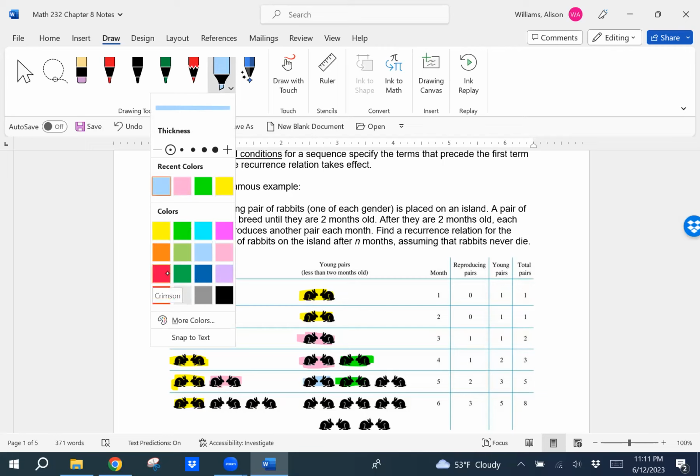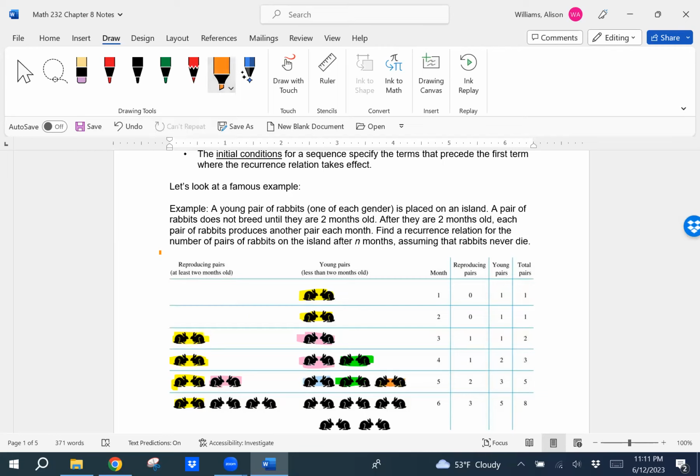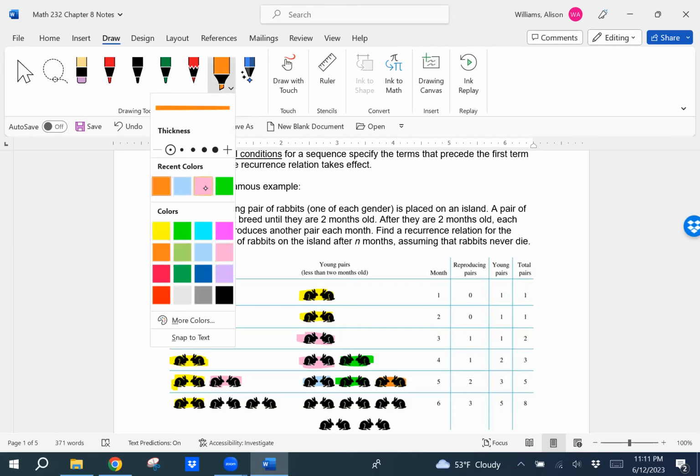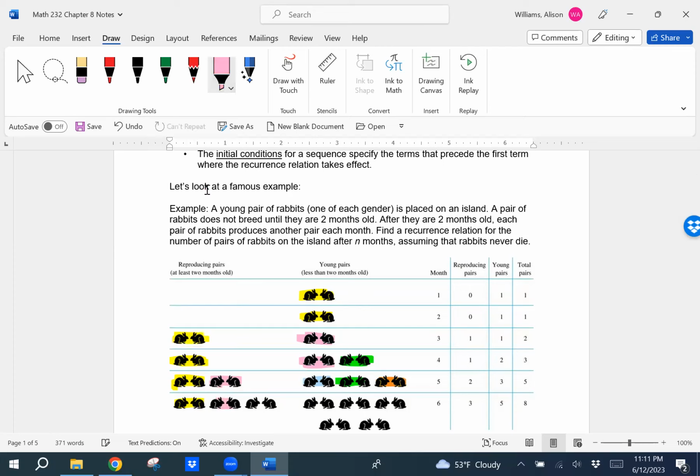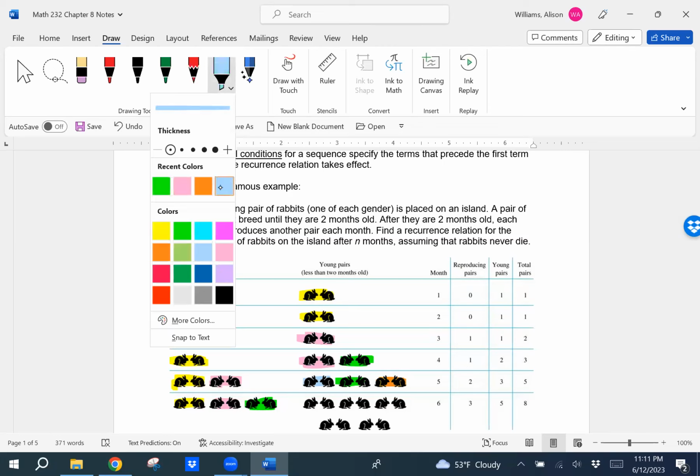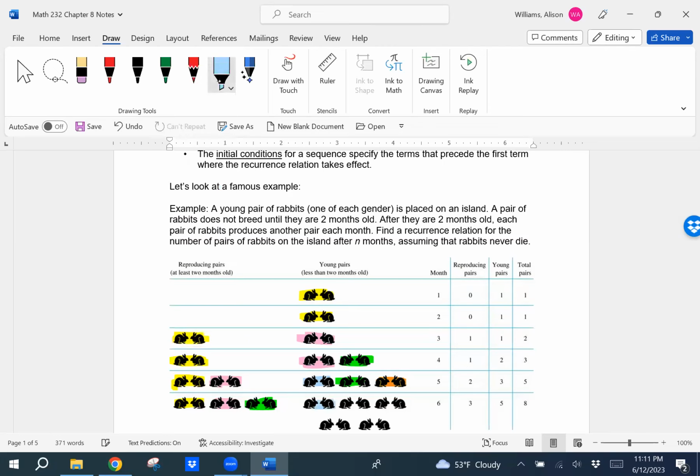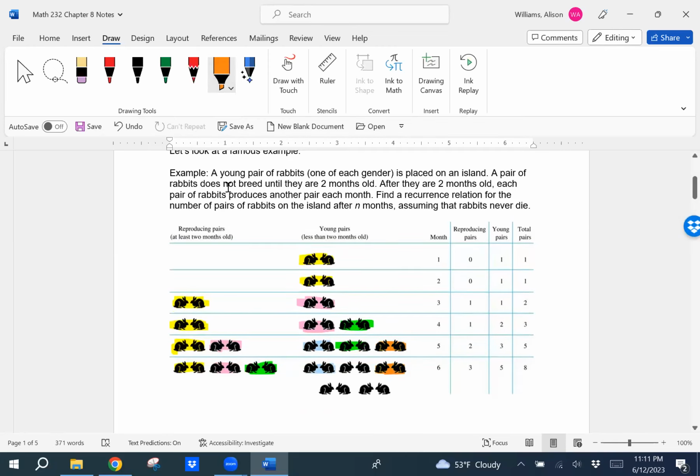Let's use orange. Now the original pair is reproducing, and the green pair of rabbits, the ones that were third born, are now in the reproducing category. We're waiting on the little blue one and the orange ones to reproduce, while the yellow one, the green one, and the pink one all produce 3 new pairs of bunnies, and you get the idea.